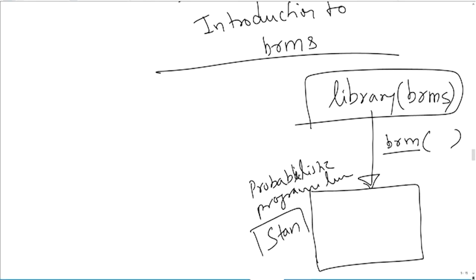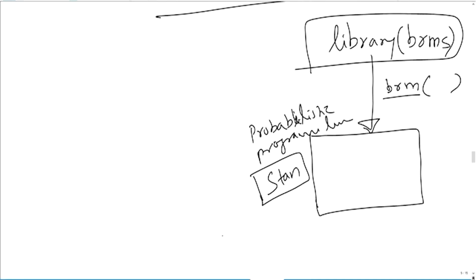So the BRM function writes code in a specific syntax in the STAN programming language, and this language has been specifically developed to implement the HMC sampler.